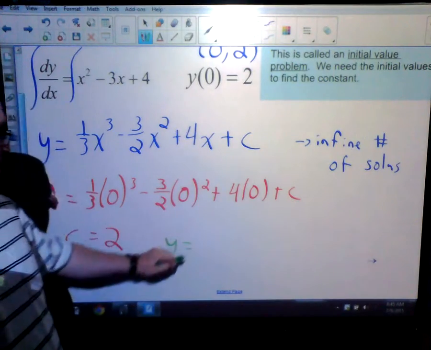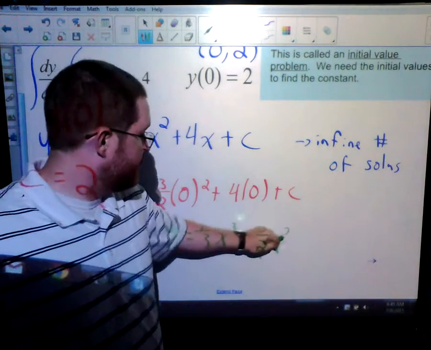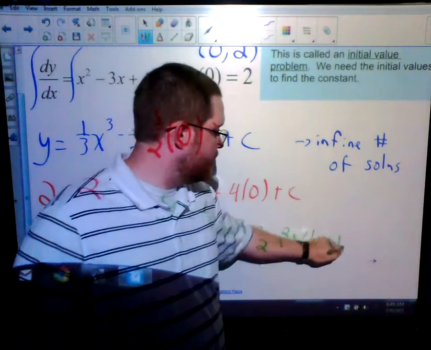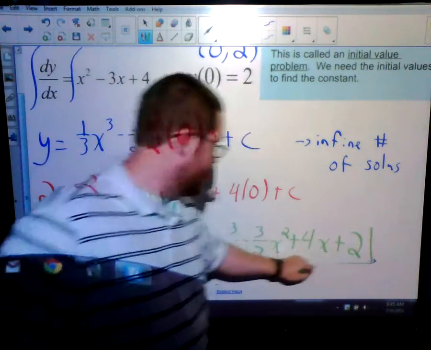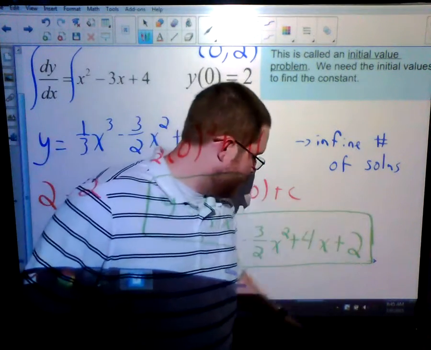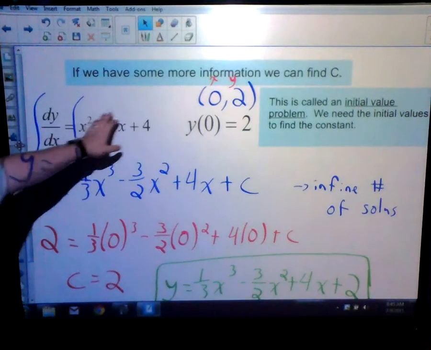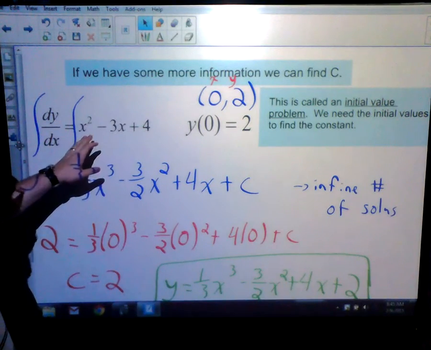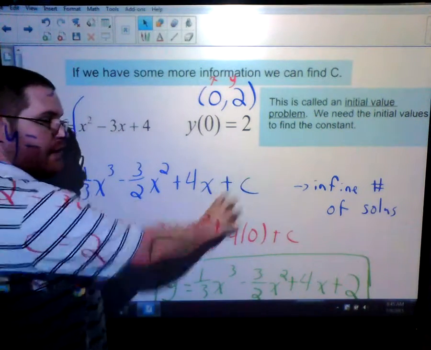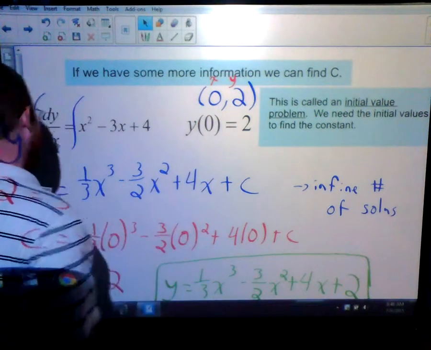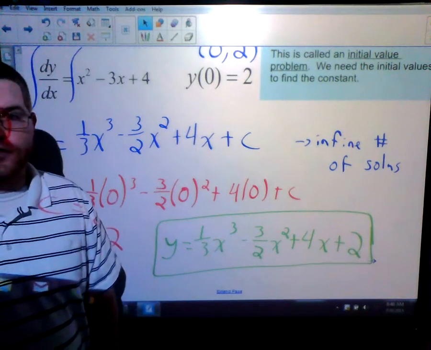Y equals 1/3 x cubed minus 3 halves x squared plus 4x plus, not c anymore, but 2. Now what did we do? We found the initial value problem, or we found the one graph that has this derivative and goes through this point. An infinite number of graphs have this antiderivative, but only one goes through that point, and that's the graph. Basically, an initial value problem lets you solve for c.